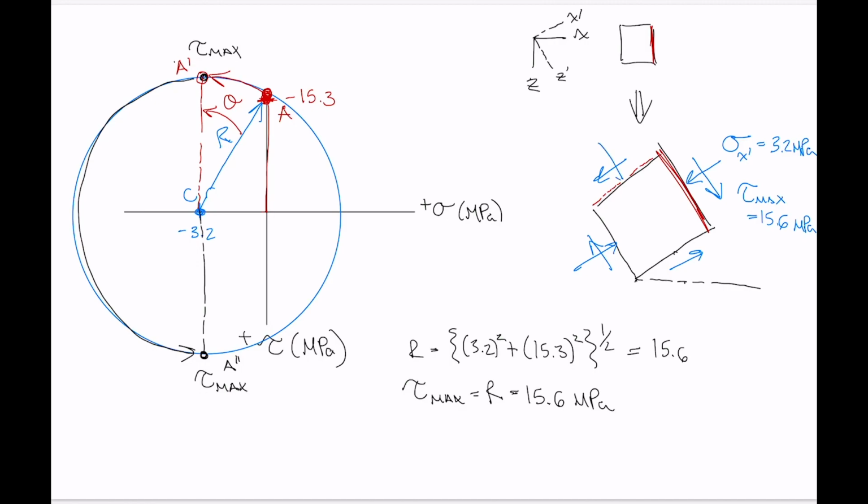And that's a compressive stress. So this is sigma z prime, also 3.2 megapascals. And of course, it always happens that the stresses on those two sides are the same when you're in an orientation that experiences maximum shear stress, because they pass right through the center of the circle, going from one to the other.